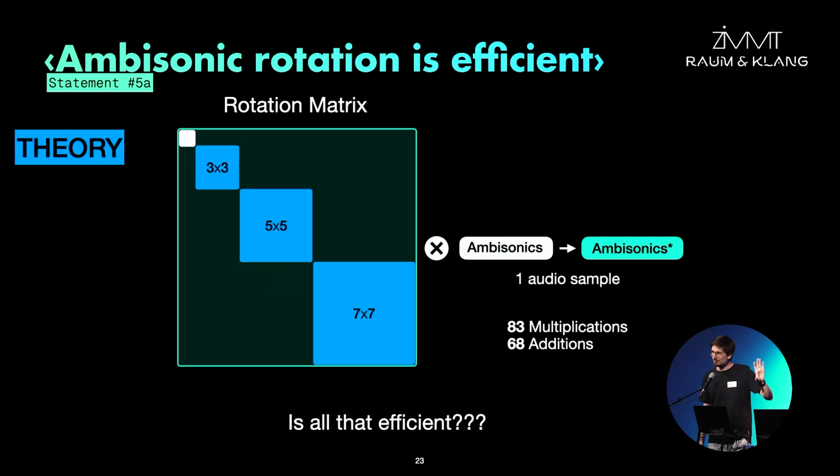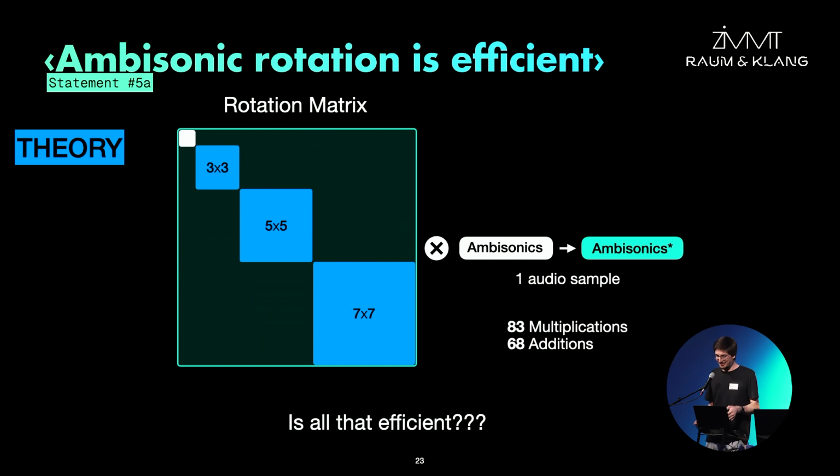So is that really efficient? Because we have a lot of stuff to calculate, and also the computations for each sample seems quite large. So is it efficient or is it not? And it's hard to give a yes or no to it, because efficient compared to what? Is there an alternative to that? Because if you want to rotate Ambisonics, well, yeah, rotate Ambisonics.